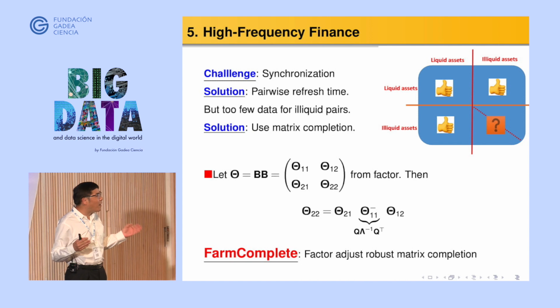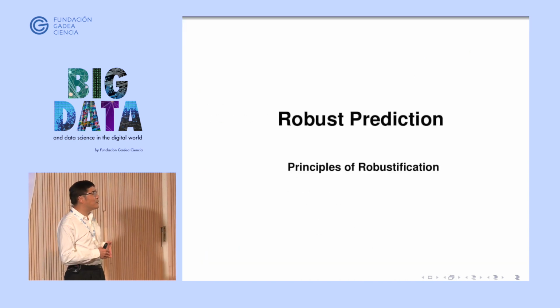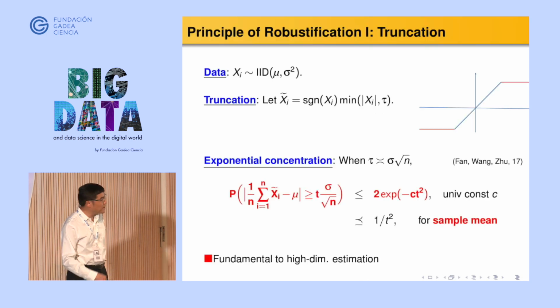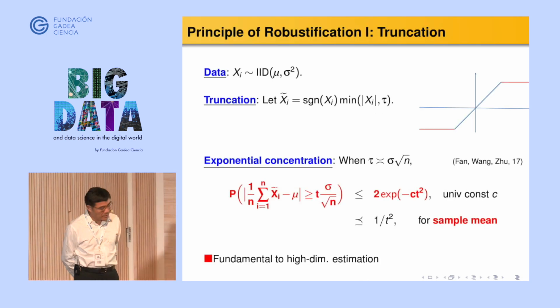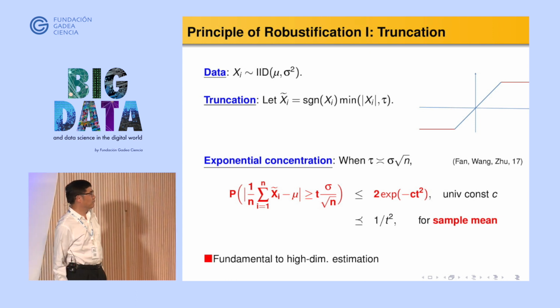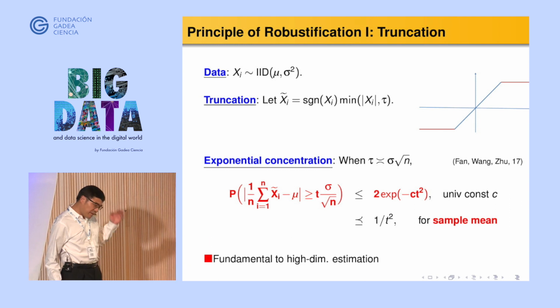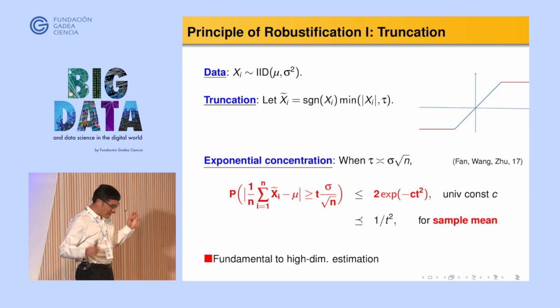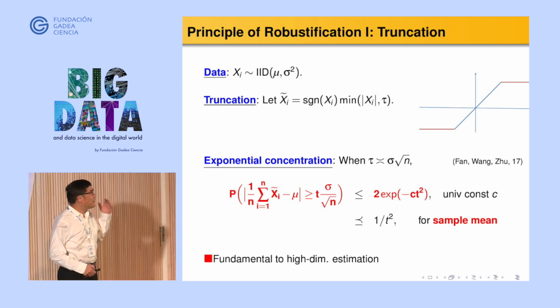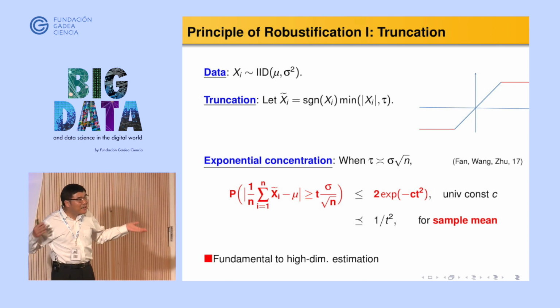So now let me talk about how we do robust prediction, the robust principle. It's very simple, and this is one line of work that we did very early. Suppose that we have IID data. I do not assume it's normal, just like Sylvia said this morning, data is not necessarily normal, and I do not know that the data is symmetric.